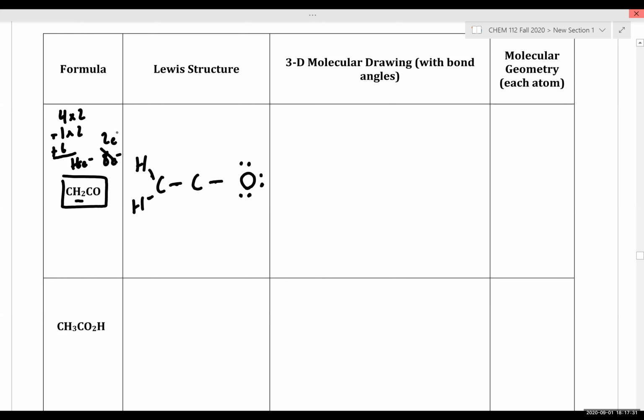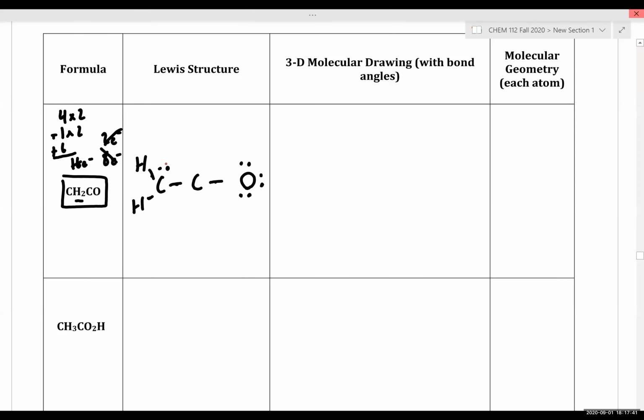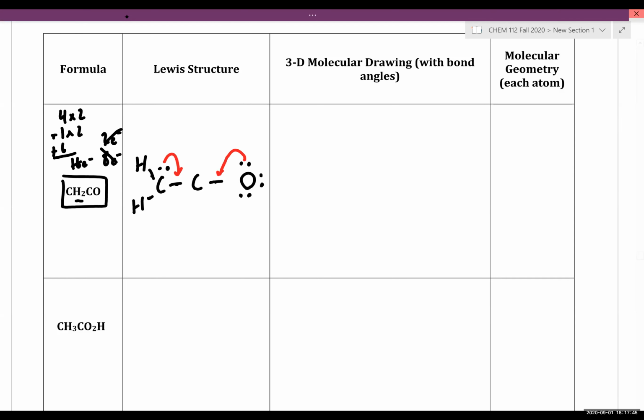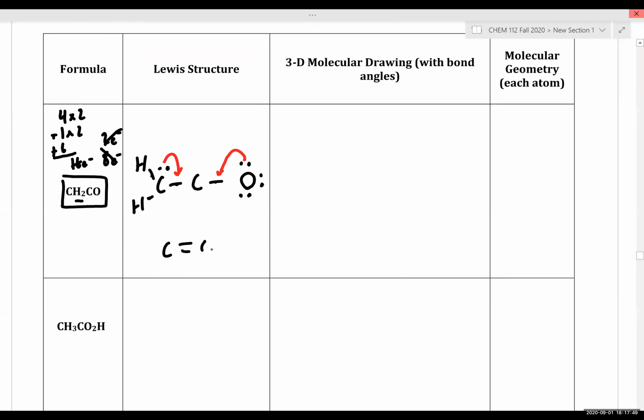We have 2 electrons remaining. We place our last 2 electrons on carbon. Now, in order to fulfill the octet of our central carbon, we're going to convert our lone pairs into bonds. And that in turn gives us the following valid Lewis structure.